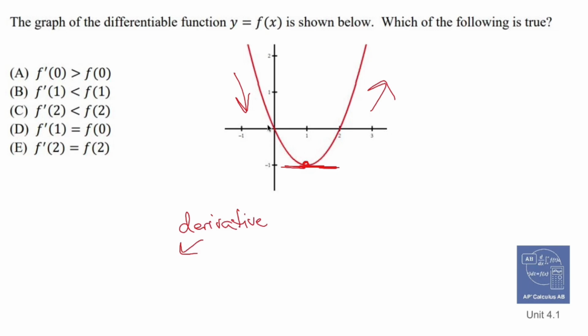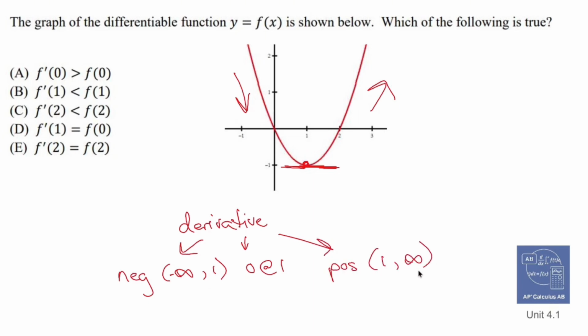Since it's decreasing, that means the derivative, which is slope, is going to be negative on the interval negative infinity to 1, but not including 1. It's going to be 0 at 1, and it's going to be positive from 1 on to positive infinity.